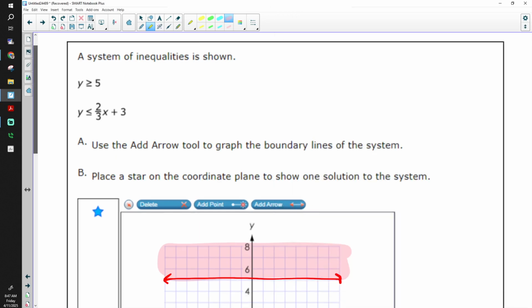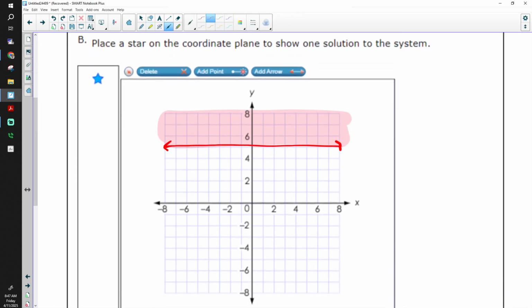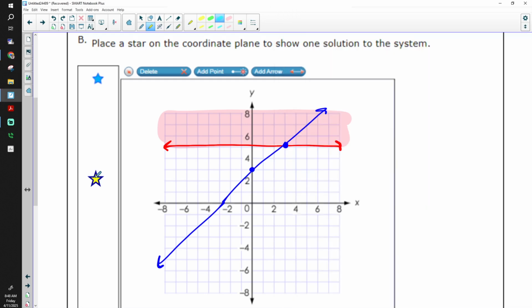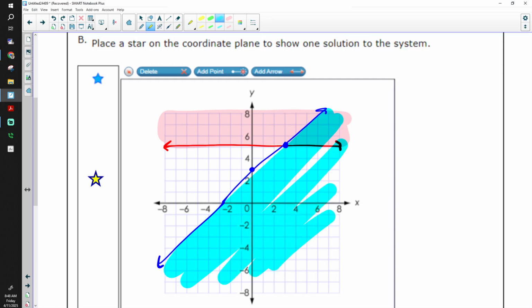So I'm going to plot 0, 3, and 3, 5. Draw my line. And shade my graph. Just to double check, it was shaded below, so we're going to shade everywhere below. And it asks us to put a star inside of the shaded region, which is where both the red and the blue intersect.